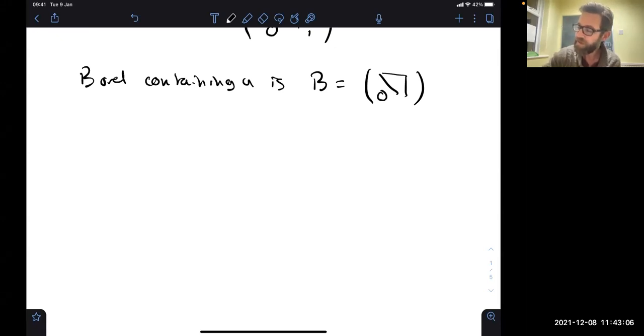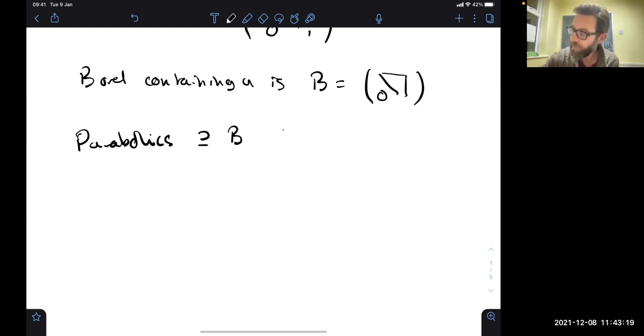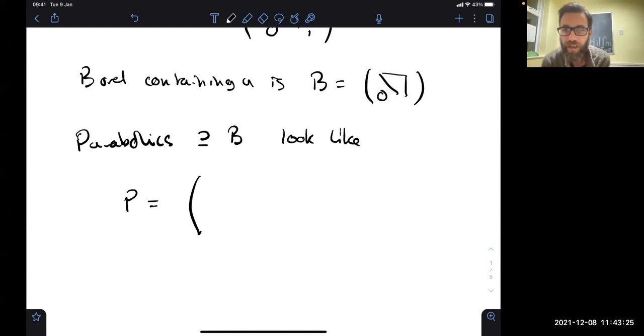Okay, so again, let's just record that on my piece of paper, because I will come back to this notion later. Okay, so the parabolic subgroups in GL_n then are ones containing a Borel. So the parabolics containing this Borel that I wrote down before have this sort of block shape. So they have to contain the full set of upper triangular matrices in GL_n.